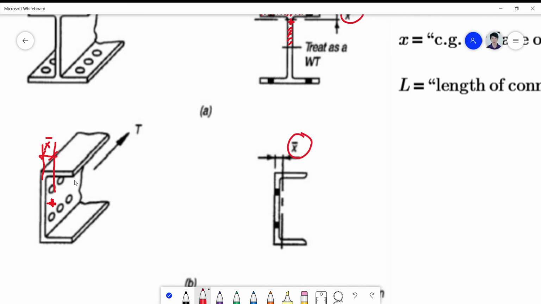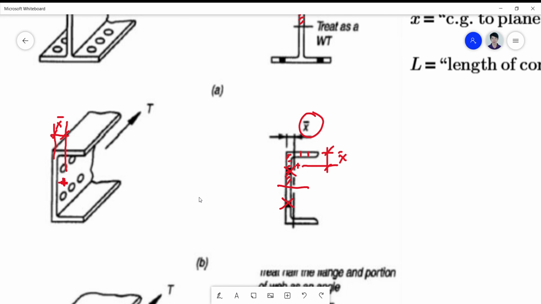If your channel has a bolt not on the web but on the flange, then you get half of the channel and then you get the centroid. Okay, what I mean, if the holes are not here, it is here, then you get the centroid of this on the basis of this as your X bar. So it depends where your connectors are, no? So it can change position immediately depending on the figure involved.